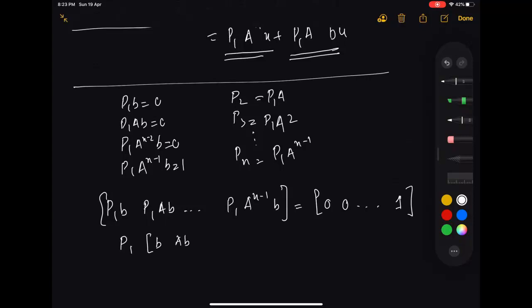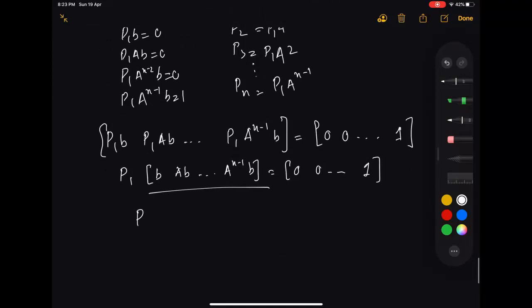This is B, AB, an minus 1b equal to 0, 0, 1. So if you remember, this is your controllability matrix. We call it, let us say, capital U, is equal to 0, 0, 1.